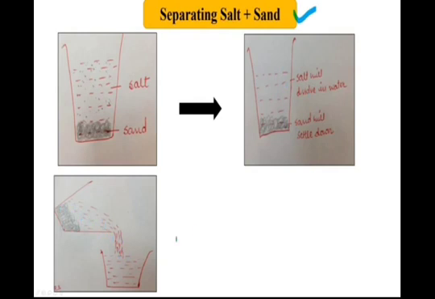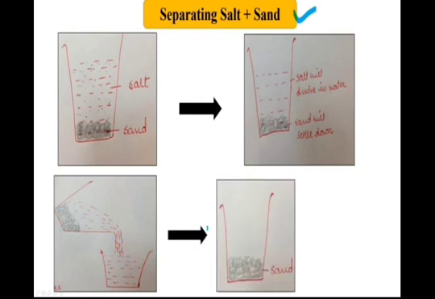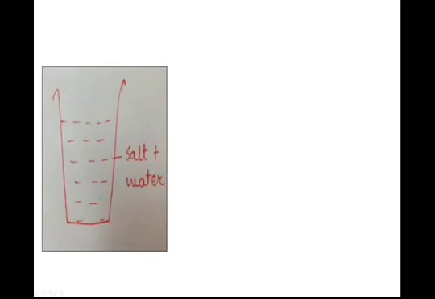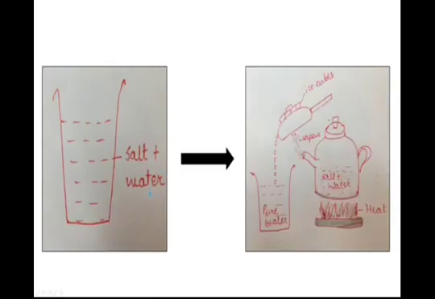After decantation, you can see that the salt and water are separated and the sand has settled. Okay, so look at here. Here the salt and water mixture is there. From there, salt and water again you have to separate. Okay, I hope you understood the process. Yes, look at here. In the decantate you will get salt and water.